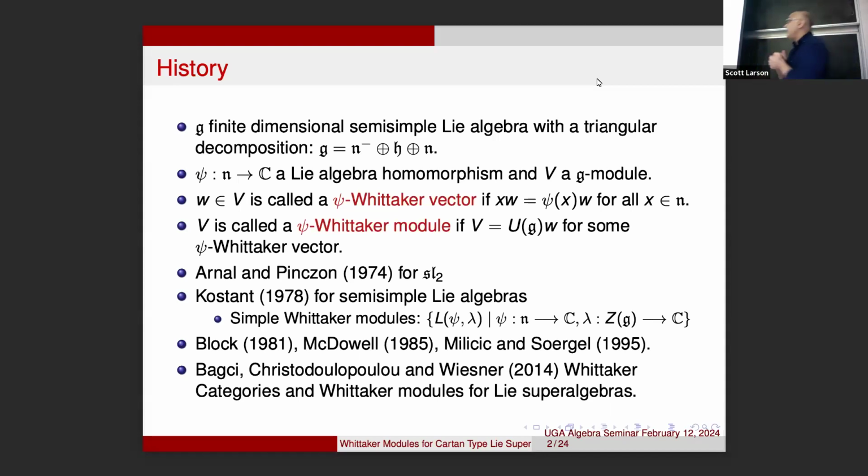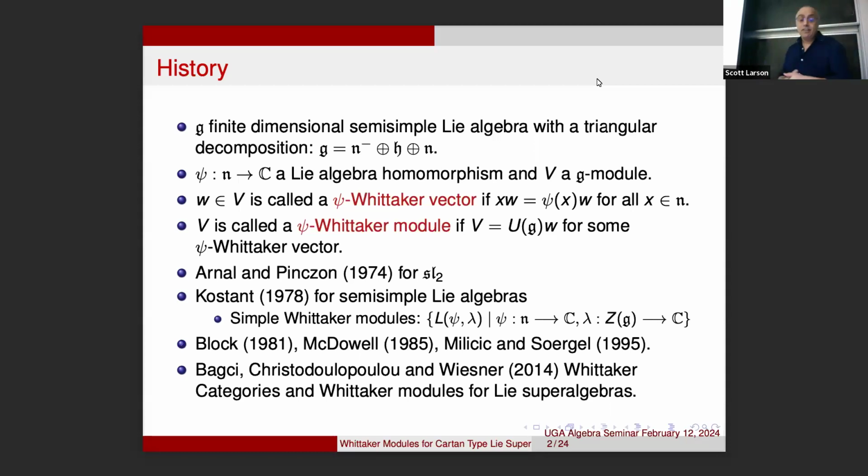A Whittaker vector is a vector in V such that N acts by scalars given by psi: for every X in N, X times the vector equals psi(X) times the vector. A Whittaker module is a cyclic module generated by a Whittaker vector, so it's basically U(G) times w for some Whittaker vector w.